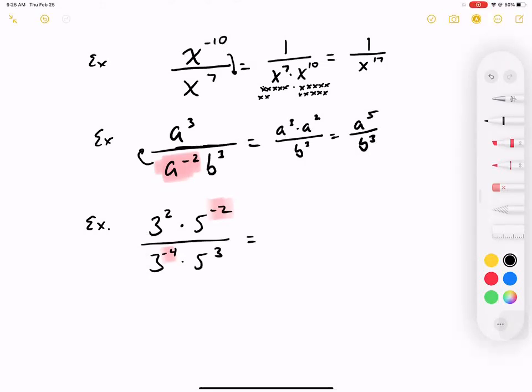Okay, hopefully you guys are able to move them around. We have 3 squared, that doesn't change. We're going to move up the 3 to the 4th. We have 3 to the 4th now. On the bottom, we have 5 cubed, and then we're adding a 5 squared to it.